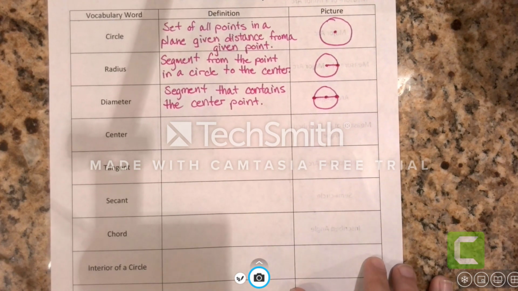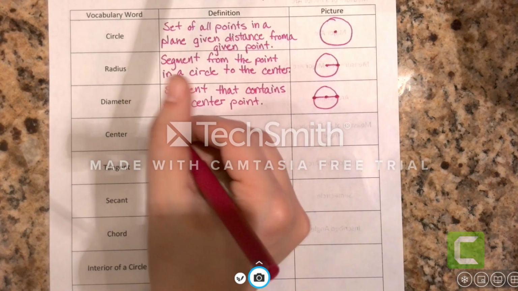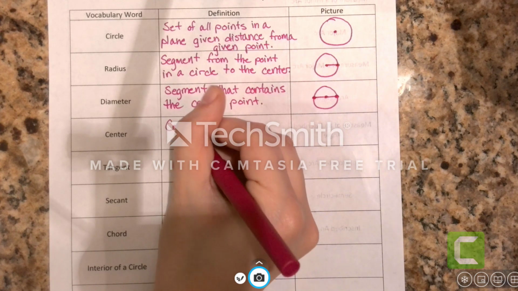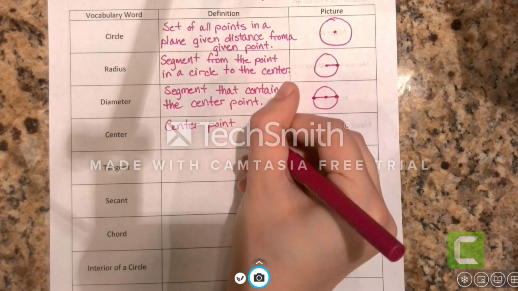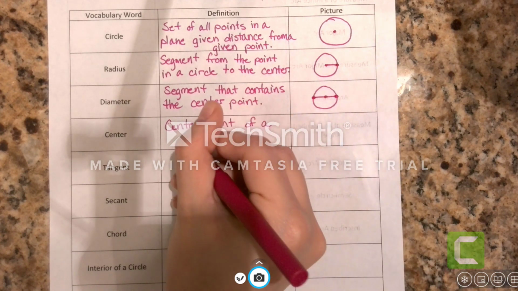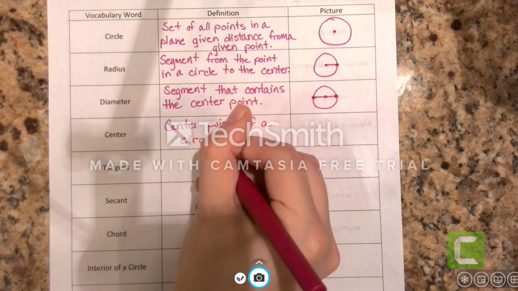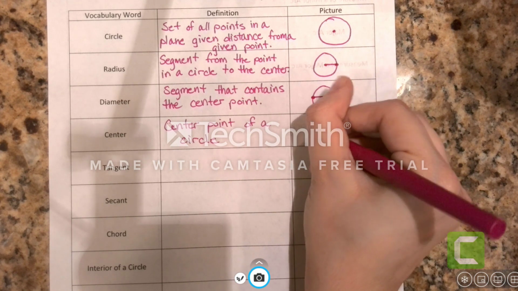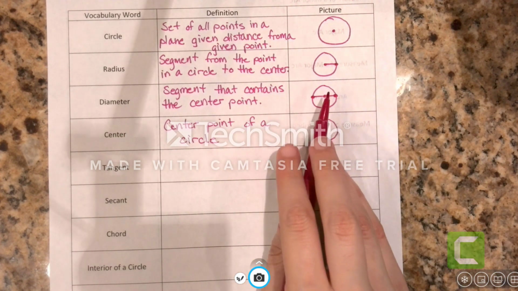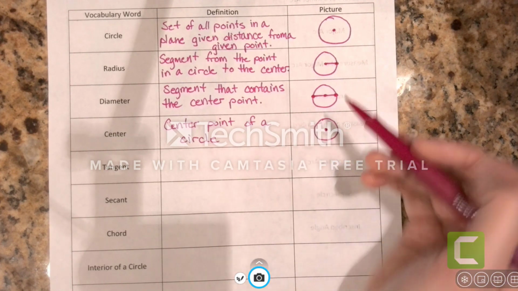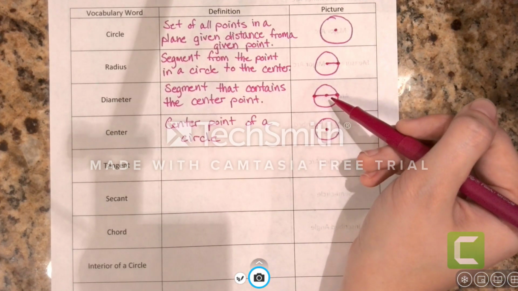Next is the center, and what the center refers to is just the center point of a circle. And this is actually among the most important parts because the center point in a circle is what dictates a lot of measurements here. It helps us dictate the radius, and it helps us dictate the diameter.